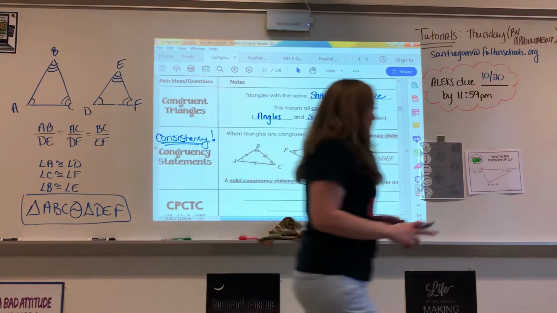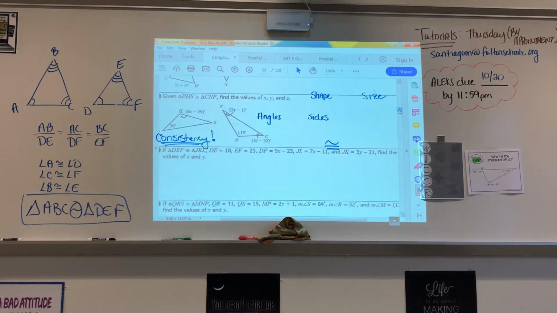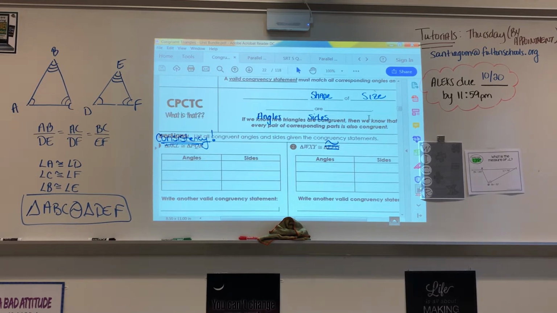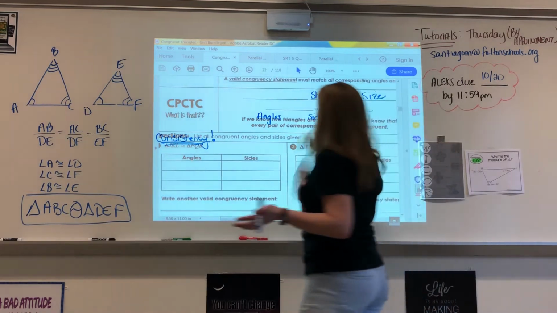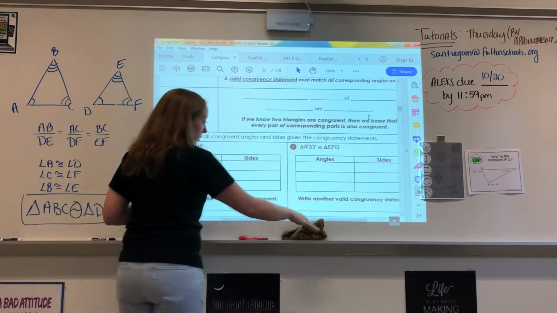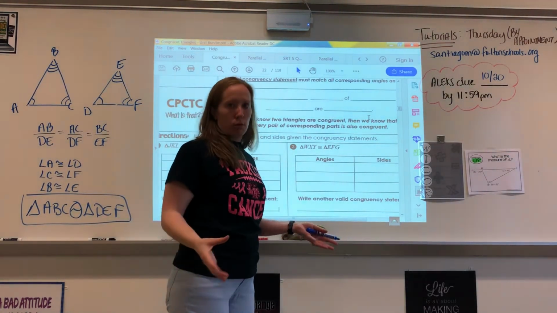Now, once we've shown two triangles congruent, if the shape and size are congruent, then I know all their other parts are congruent.